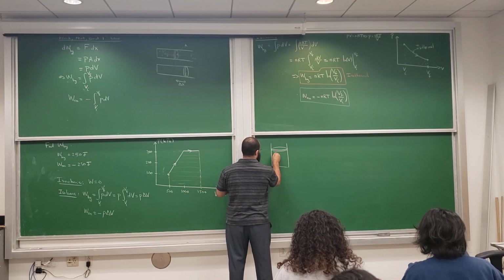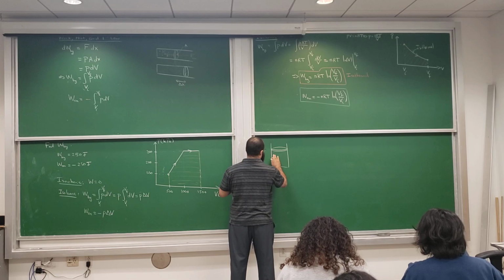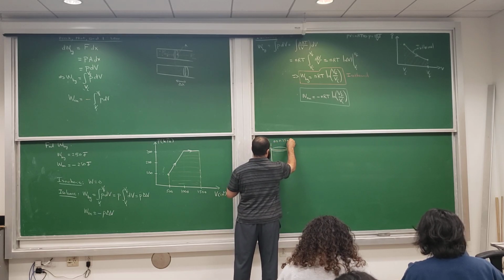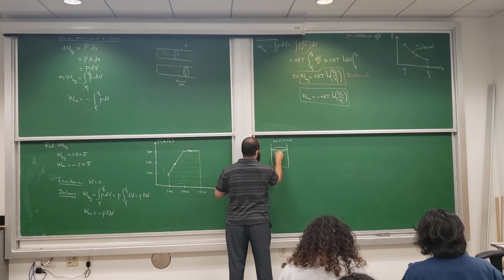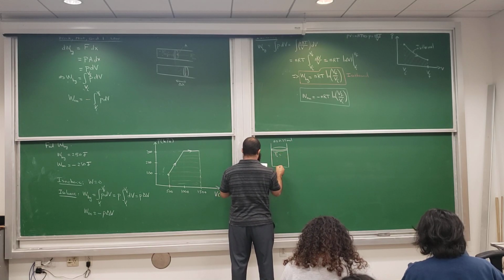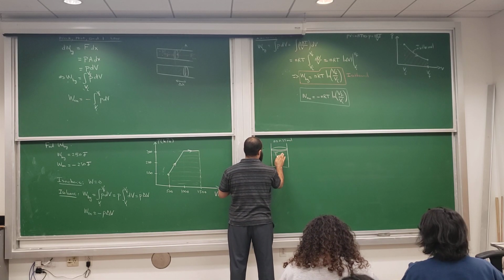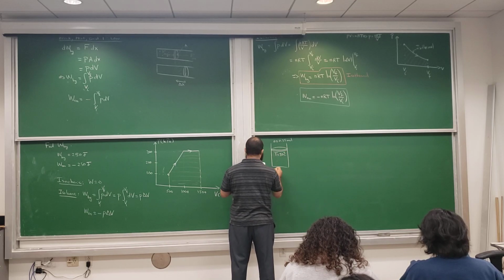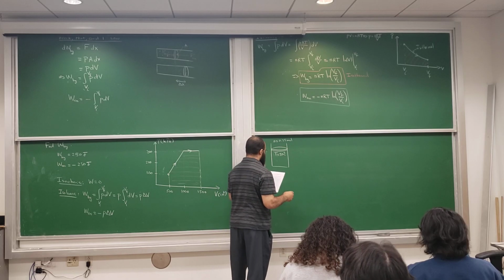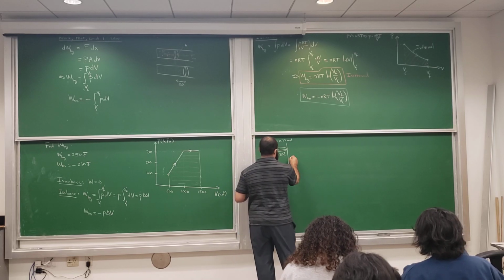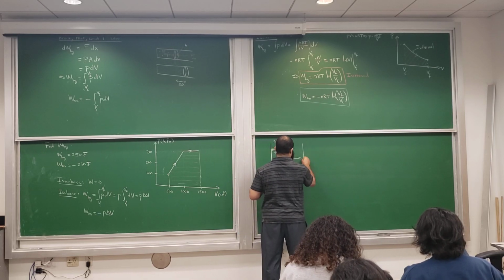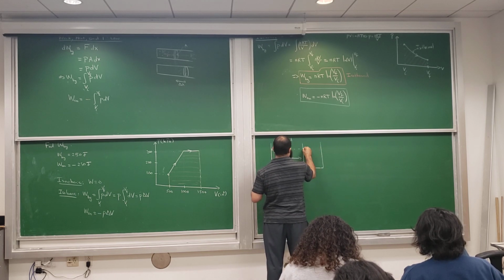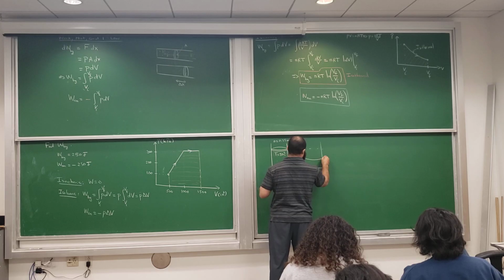The number of moles n is 0.25 moles. And then the initial temperature is 80 degrees Celsius. And we're going to compress it until the volume takes half.